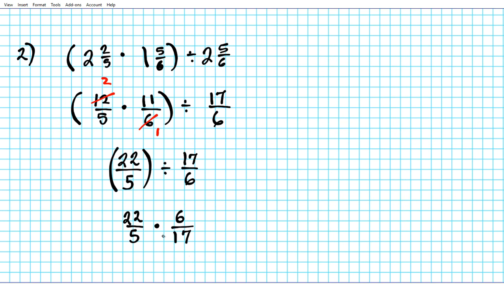This procedure is commonly known as drop, change, flip. You drop the dividend, change the division to a times, and then flip. So don't forget, whenever you're dividing fractions, you drop, change, flip. It's also a nice strategy for simplifying complex fractions involving division.